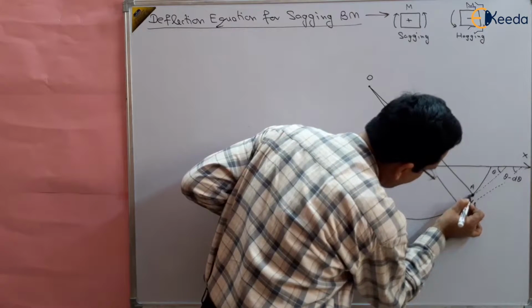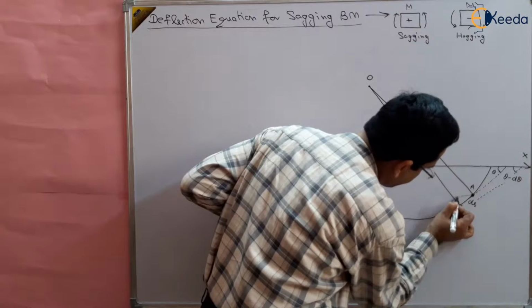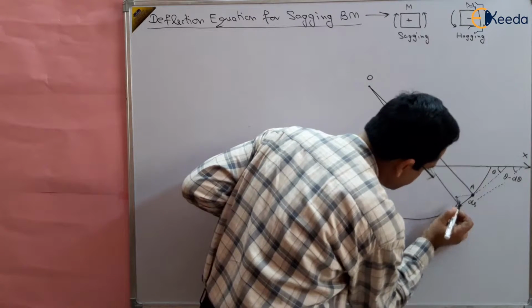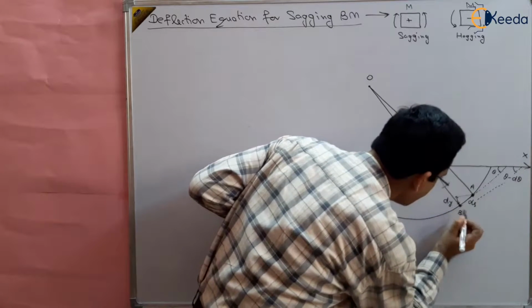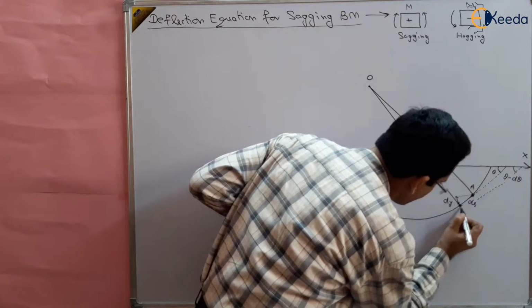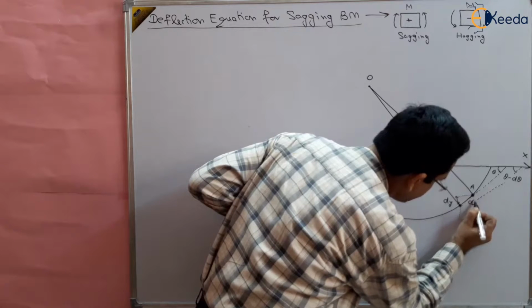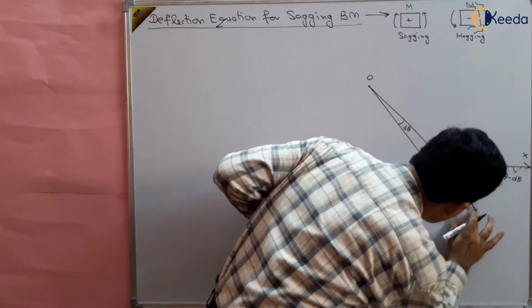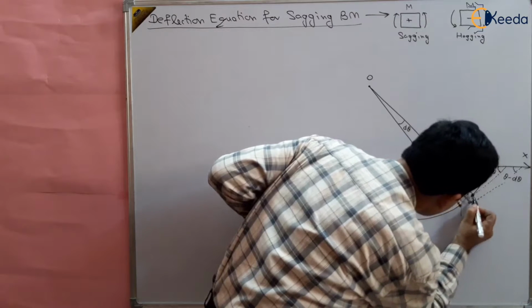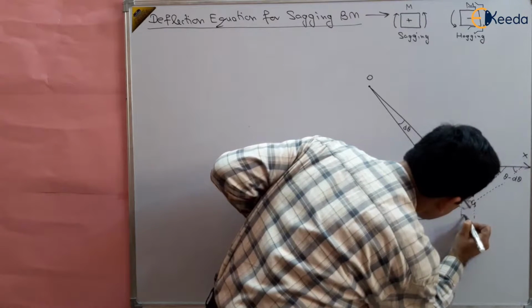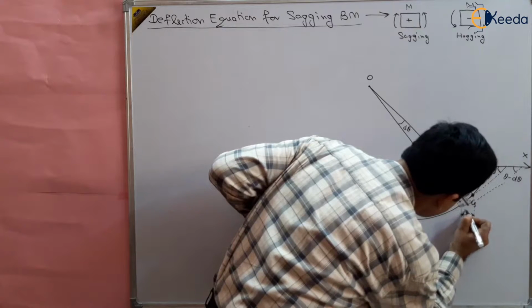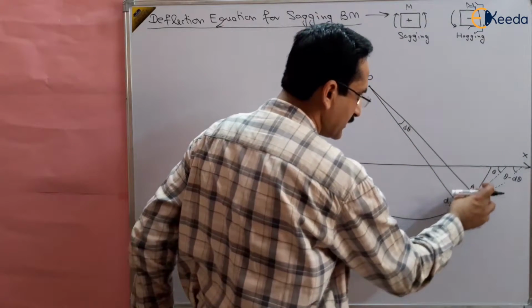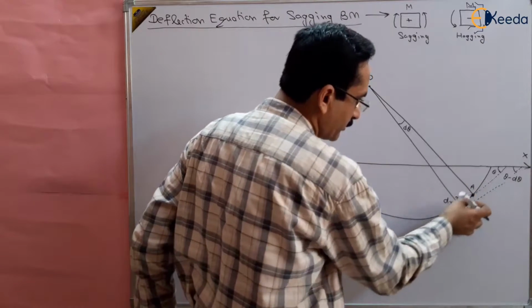If I drop a perpendicular here, suppose this distance is dy, and the horizontal distance in this direction is dx. So this ds is composed of two components: dx is the horizontal component and dy is the vertical component of this ds.